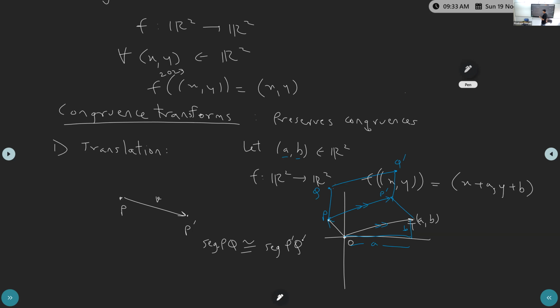Okay, so this is called translation. Just to illustrate again this point that you can make any change you want.